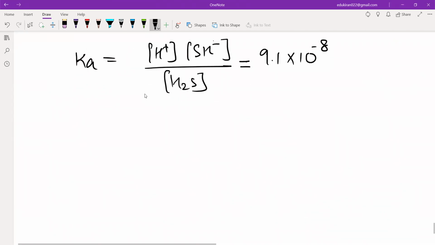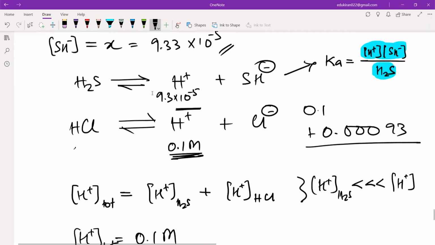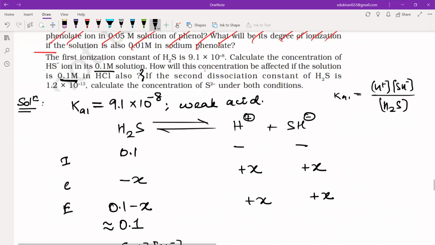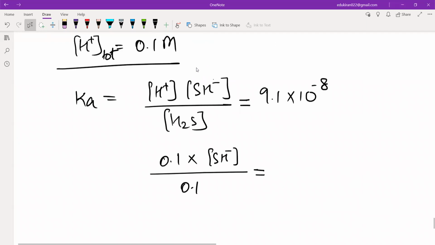Now, H plus is 0.1 into the concentration of the new SH negative, after we have added HCl, divided by the concentration of H2S. H2S is 0.1 that they have given. This will be equal to 9.1 into 10 to the power minus 8, right?